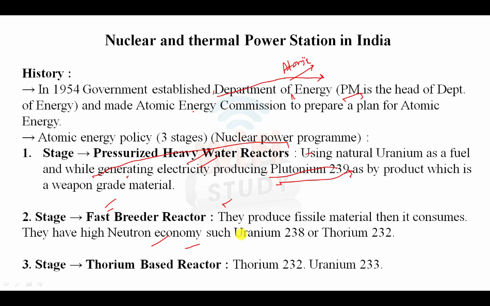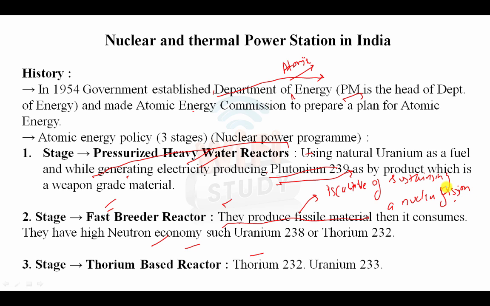Okay, second is the fast breeder reactor. In fast breeder reactor, they produce fissile material. You need to understand what is fissile. First of all, fissile means a material which is capable of sustaining a nuclear fission chain reaction.